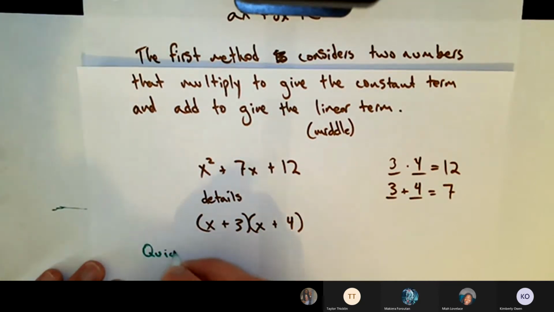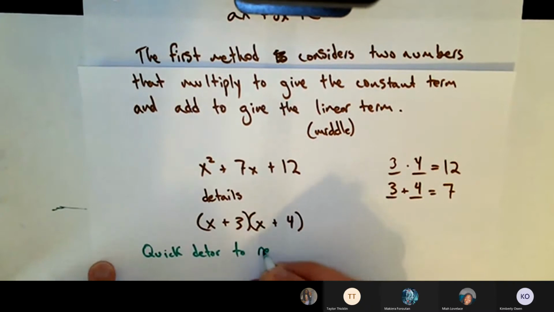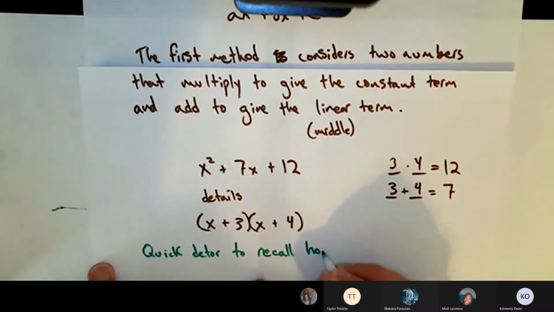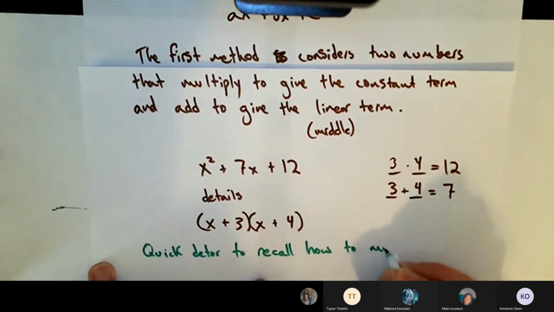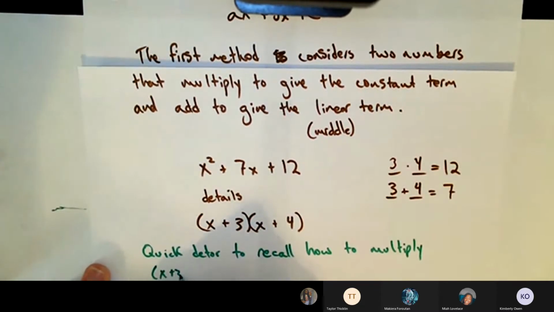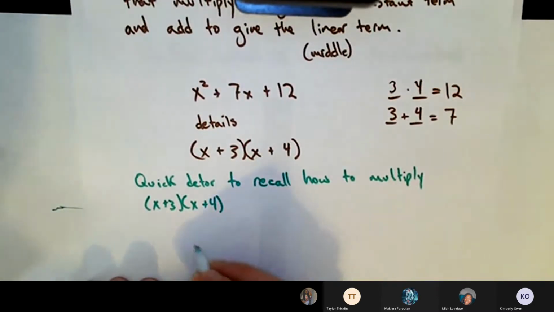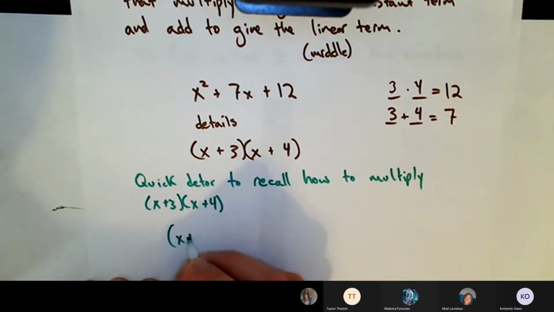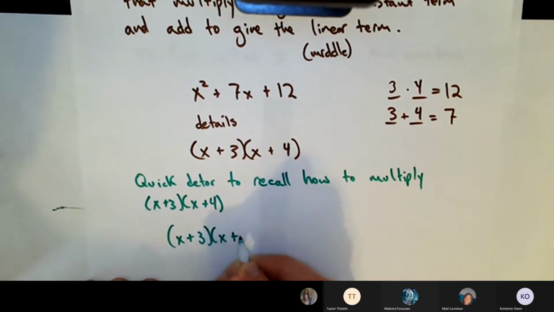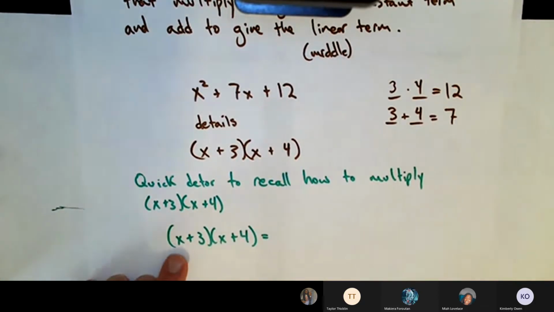So let's take a quick detour to recall how to multiply x plus 3 times x plus 4. Okay, so how do we do this? You take the first term, x, and you multiply it by everything in here.